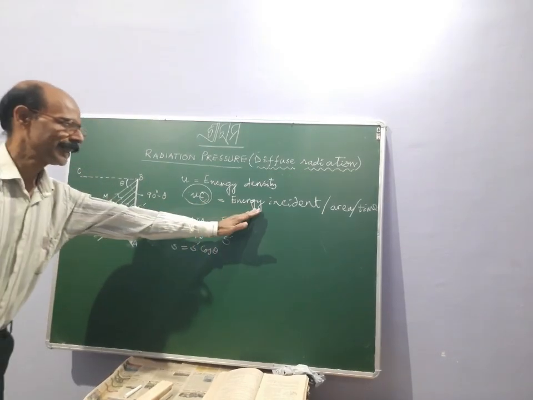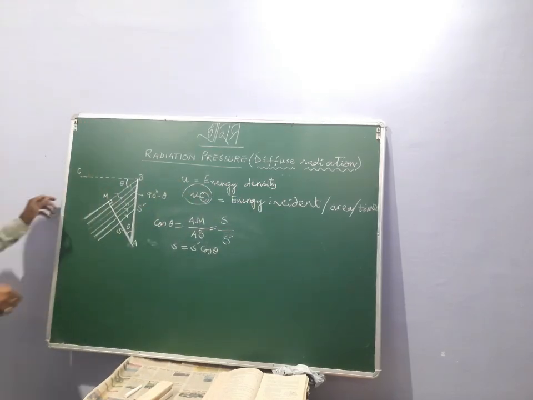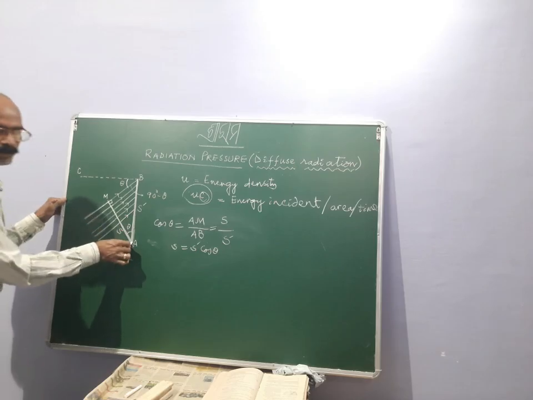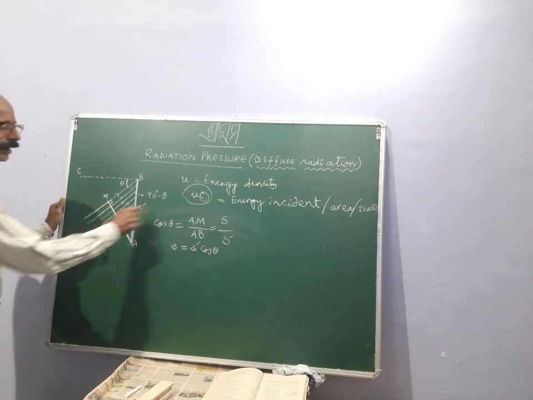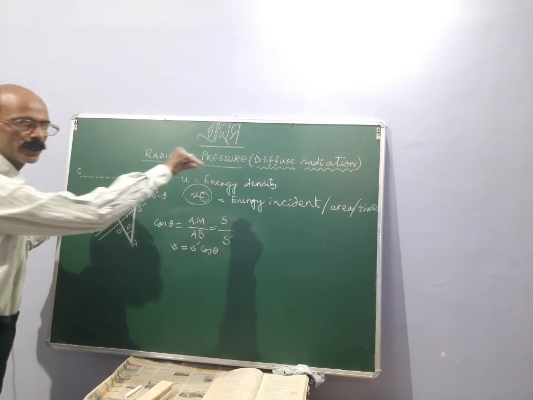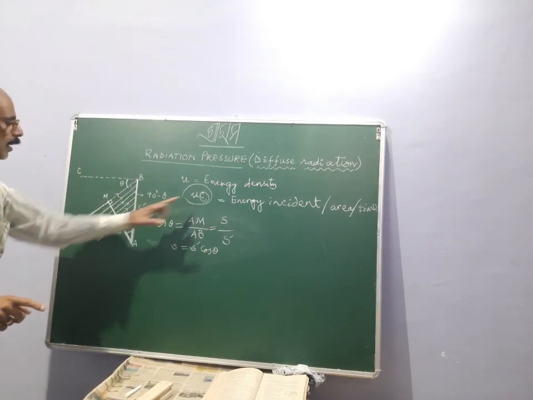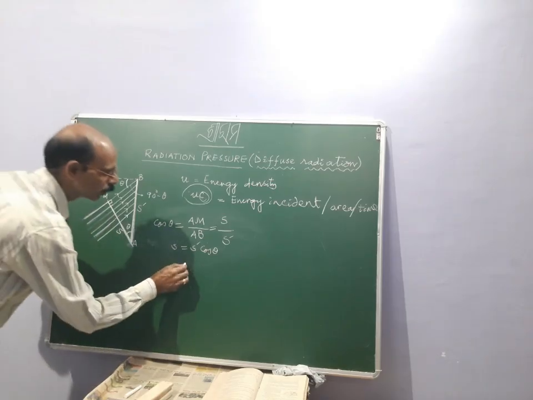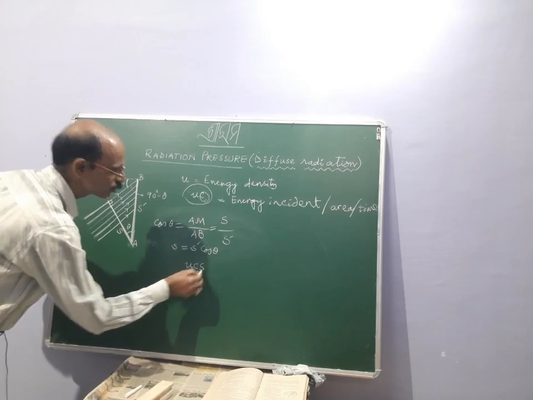Now energy incident per area per time is UC. Then what will be the energy incident on this surface AM? Its area is S. This is energy incident per unit area. So unit area के लिए energy incident UC है, तो S area के लिए UC into S होगा. So energy incident is UCS.